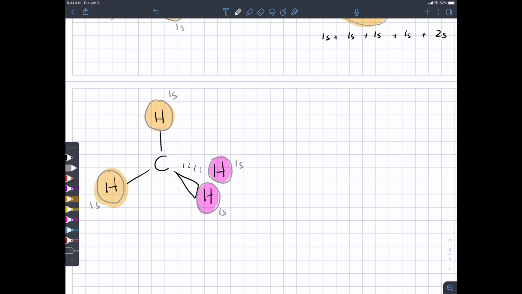And then let's take one of the p orbitals and align it along this axis such that it can overlap with the same wave function sign with the orange hydrogens and with the pink hydrogens. What you would see overall if you added these together would be an orbital that has sort of a kidney shape here.